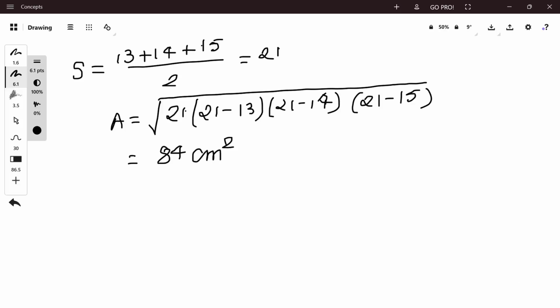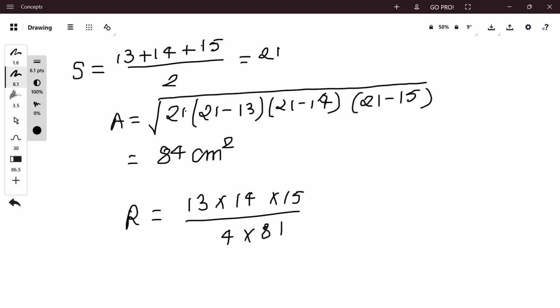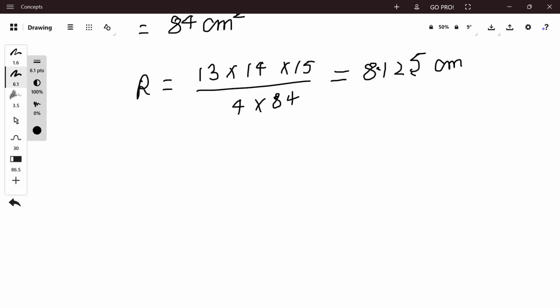The circumradius R of a triangle can be found using R is equal to abc upon 4A. That is R is equal to 13 into 14 into 15 upon 4 into 84, that is equal to 8.125 centimeter. The area of the circumcircle is equal to pi r square.